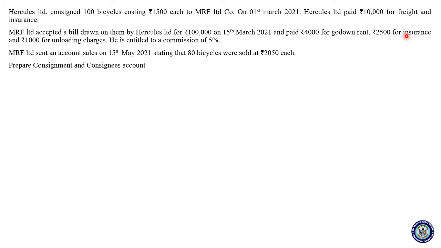2,500 for insurance. So insurance you take only when you receive the goods. Before that, you won't take the insurance policy. 1,000 for unloading charges. This is non-recurring. Unloading means the goods have arrived. You have to unload. The unloading process is done only once because only once goods will arrive, right?